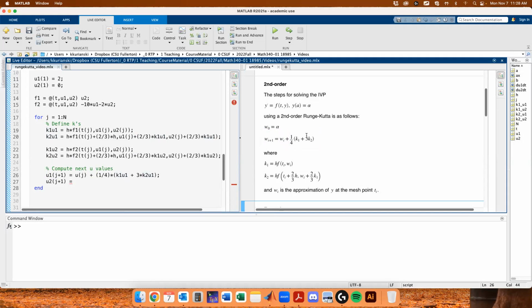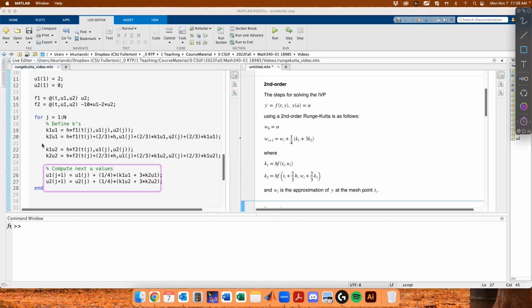So this is k2, but it corresponds to the u1 equation. And then I'm going to have a very similar update. Oh, here this should be u1. This should be u2. And then these k's should correspond to u2 in the second equation. And that should be it, really. If you had more equations or a higher order differential equation, you would have another line down here, and you'd have to define more k's for each of those equations.